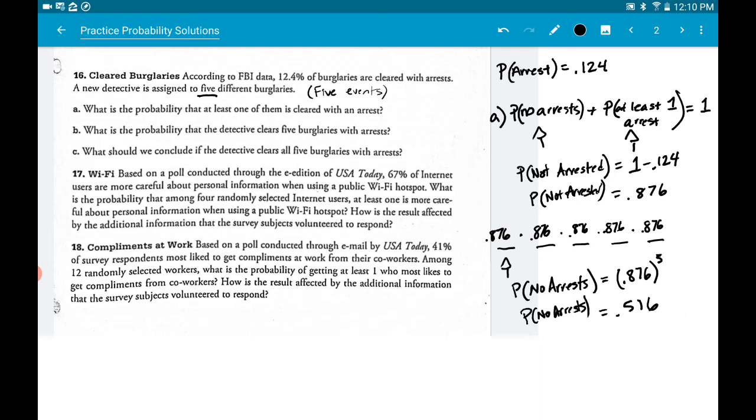Again, this is one of the trickiest on this whole handout. So this is the percentage that there's no arrests. So if I go back to this original statement, the probability of no arrests plus the probability of at least 1 having to be 1, I now got that this probability is 0.516.